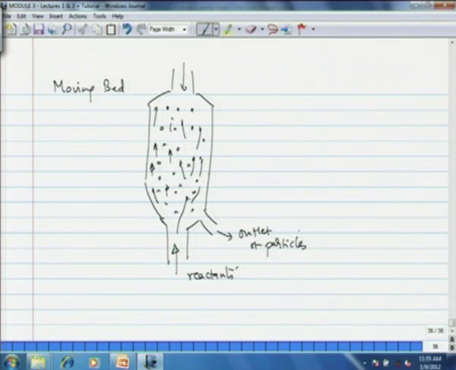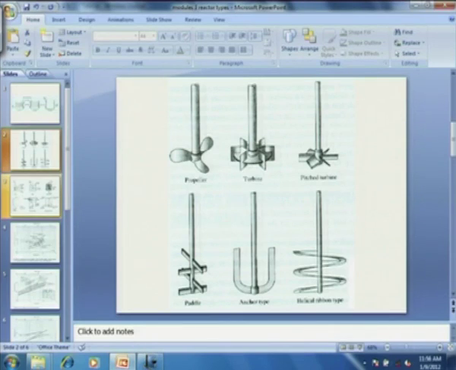Then these catalyst particles are treated and sent back to the reactor. So these are the general solid-fluid reactor types: fixed bed, fluidized bed, and moving bed. Now, depending on the particular application, there are several sub-categories or further detailed designs that I will show you now.